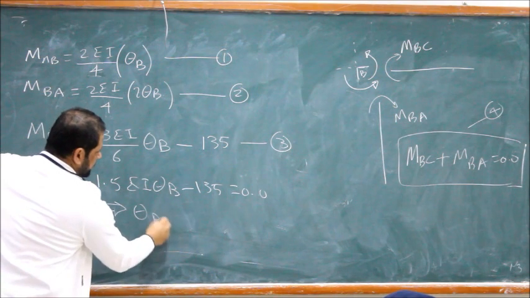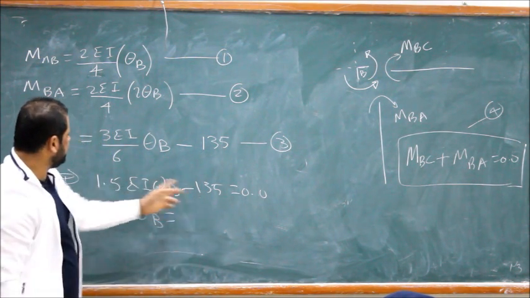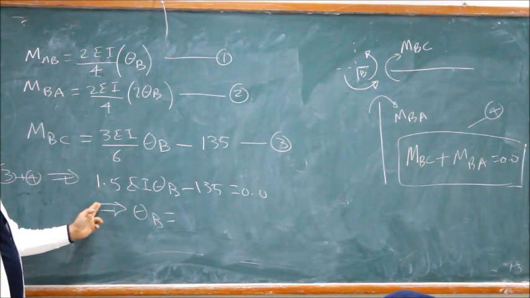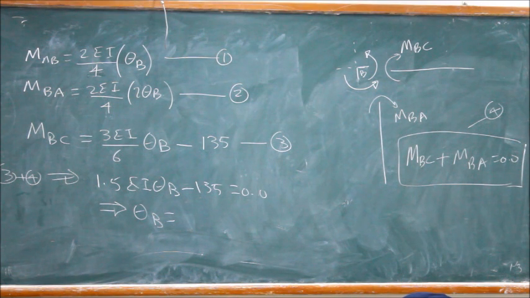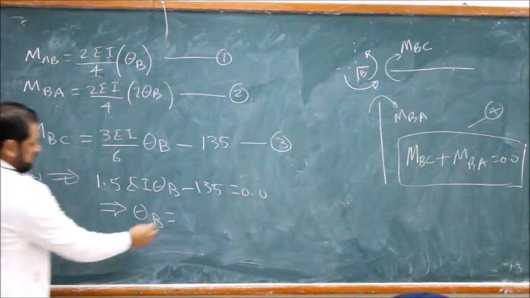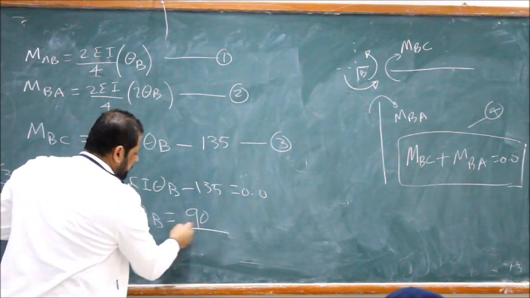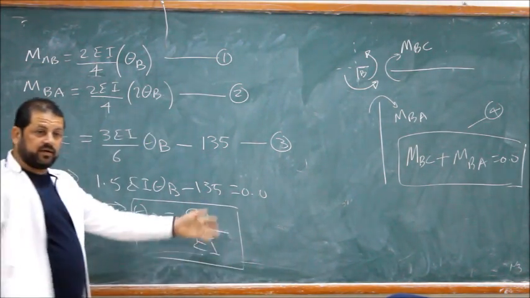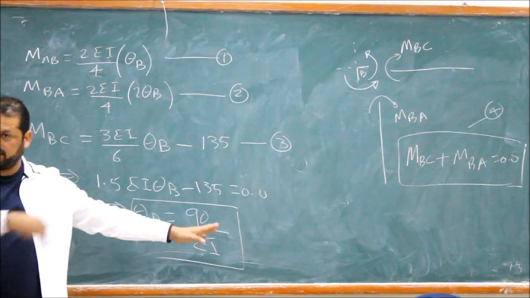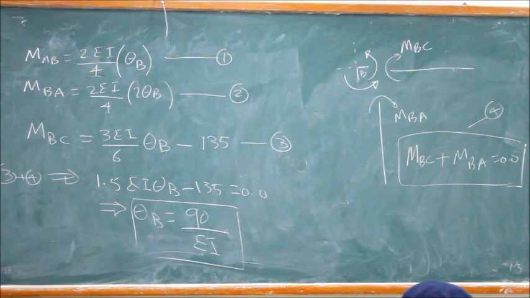So theta B equals 135 over 1.5 EI. How much? 90. Exactly. 90 over EI. By the way, if the dimensions are compatible, the rotation answer is in radians.